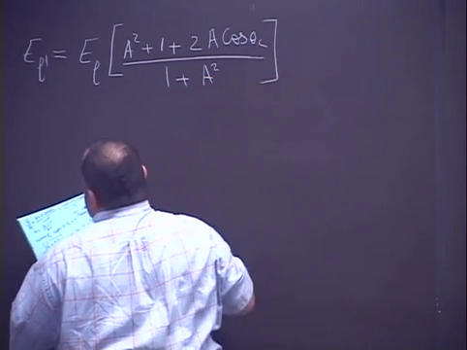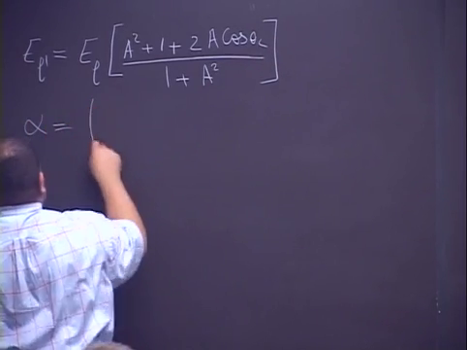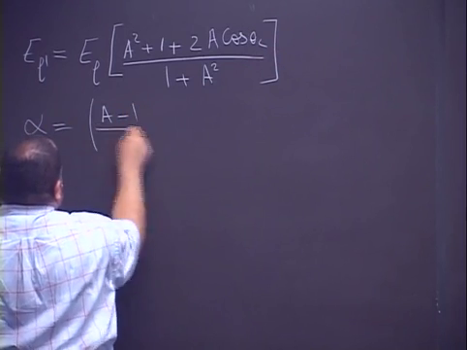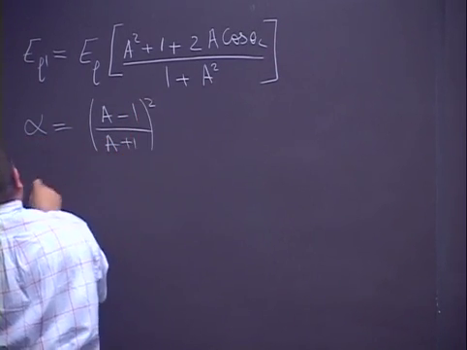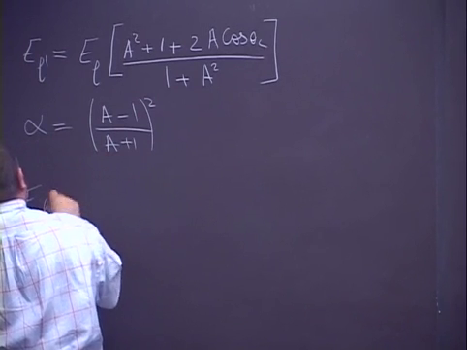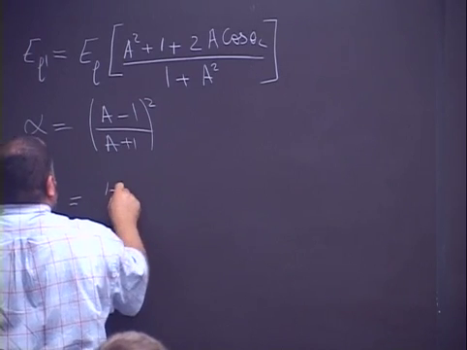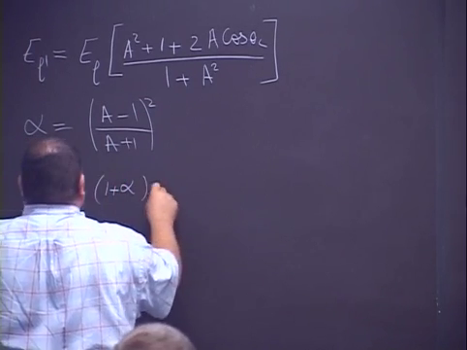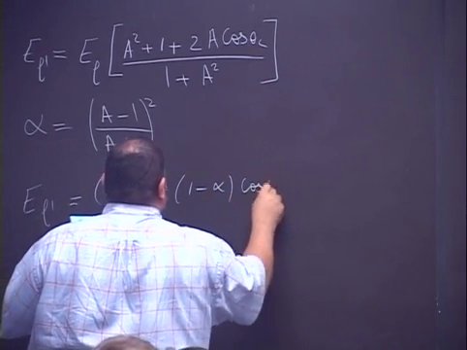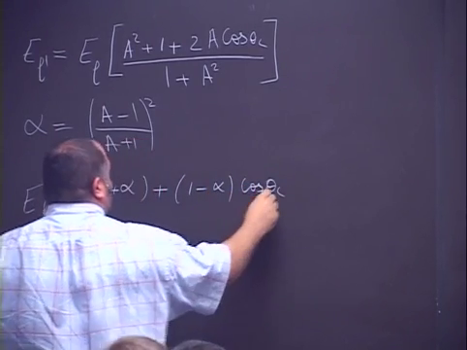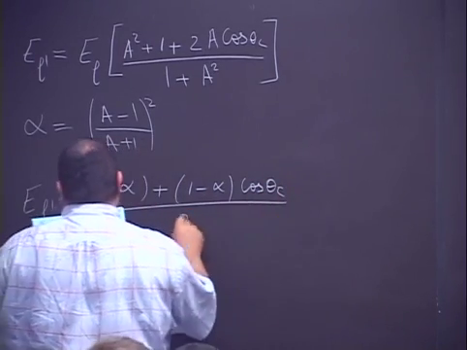And again, if we define alpha as (A minus 1 over A plus 1) squared, this formula can be written as E_L prime equal to E_L times (1 plus alpha plus (1 minus alpha) multiplied by cosine theta_c, which is the angle in the center of mass system) divided by 2.